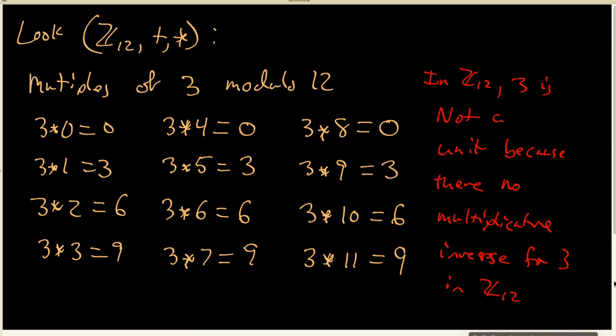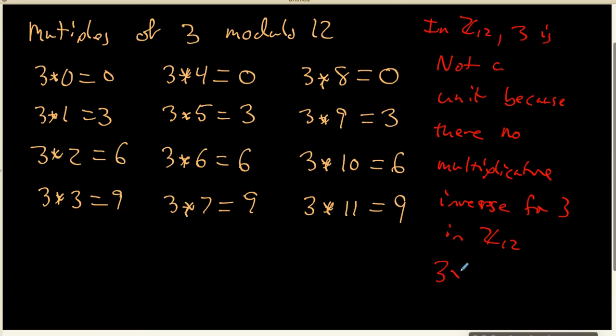I know that because 3 times x was never equal to 1 mod 12. No matter what value I put in for x, I'm never going to get 1 when I do the multiplication.